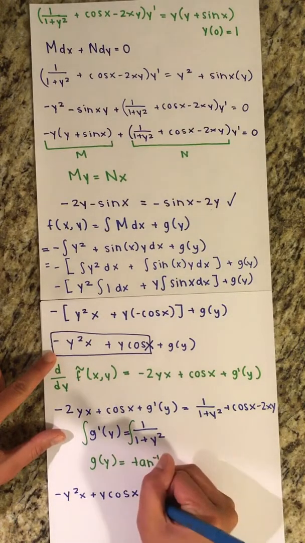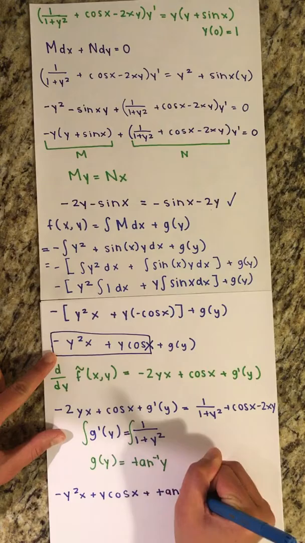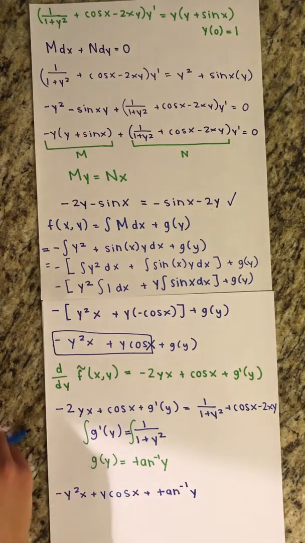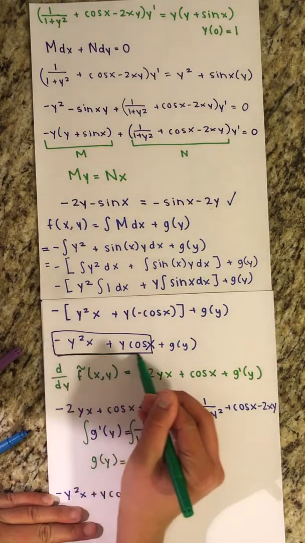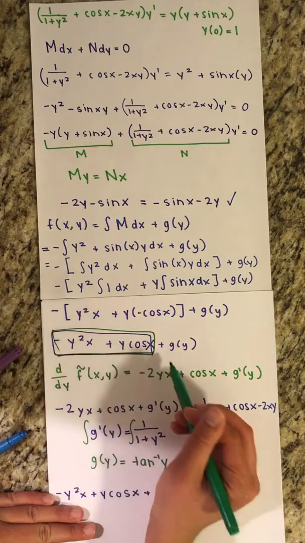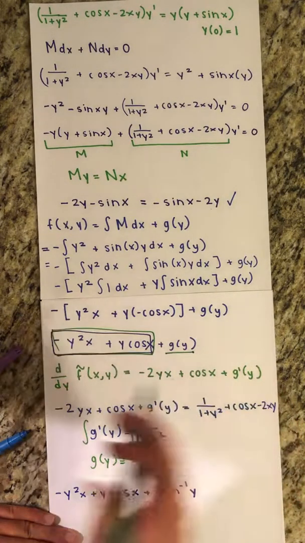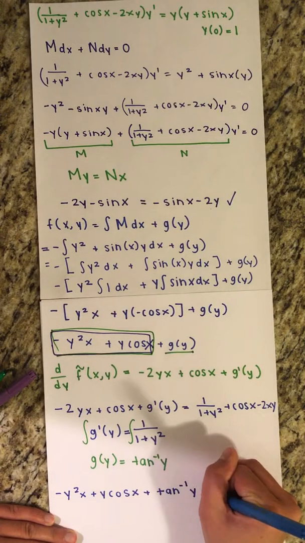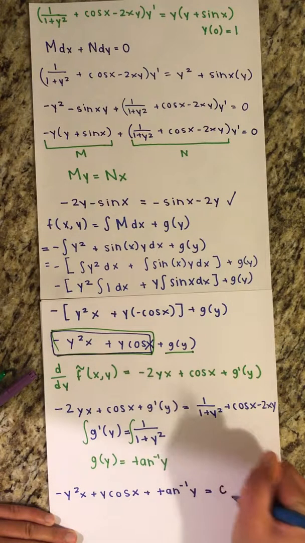Cosine x plus tan inverse of y, which is what we just found. Because if you look at this equation right up here, it's what we found plus g of y. And we just solved for the g of y, so we can plug that right back in there. And what you want to do is set that equal to c.